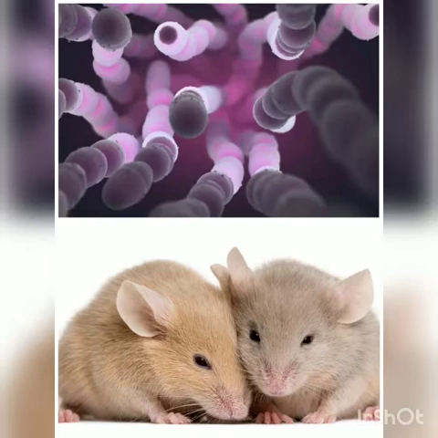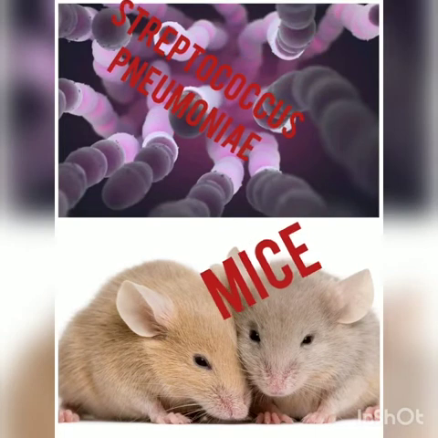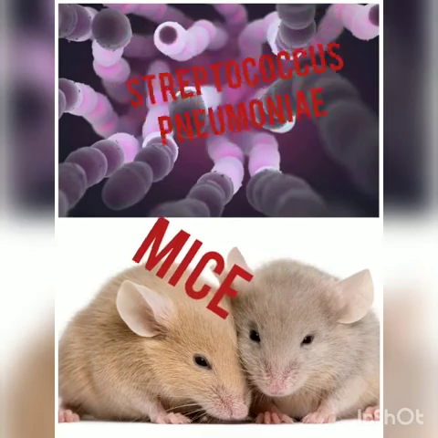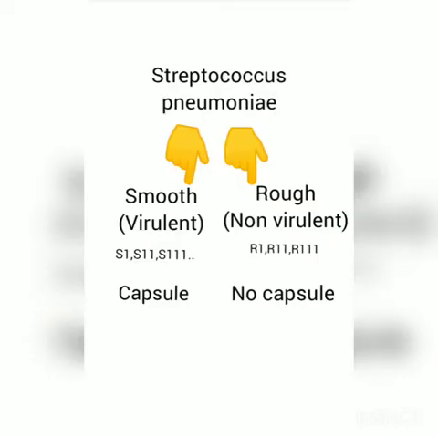Now, Griffith's experiment included two things: the Streptococcus pneumoniae and the mice. Streptococcus pneumoniae are of two types: the smooth Streptococcus pneumoniae and the rough Streptococcus pneumoniae.